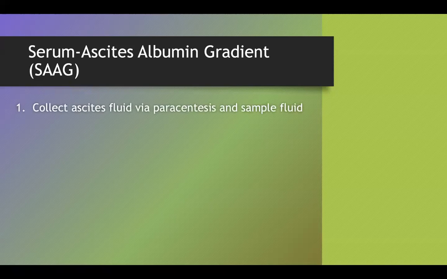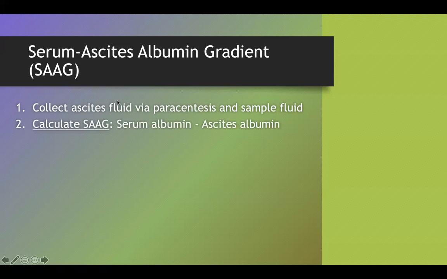You'll take a blood sample to get their serum albumin. You're going to first take a blood test, and then you're also going to do a paracentesis, which is where you just poke a needle into somebody's belly and drain out some of that ascitic fluid. And you can also then have the albumin level of the ascites tested.